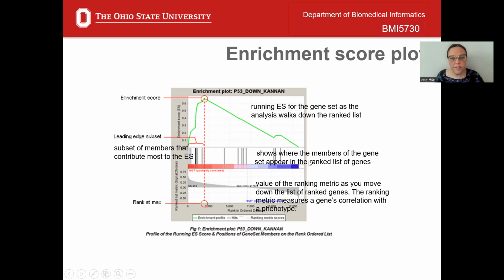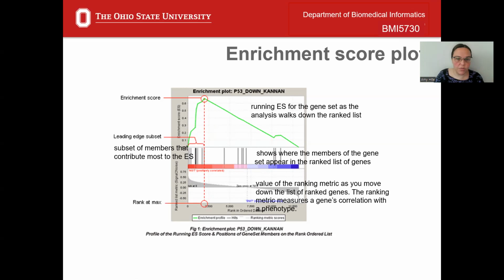So for term X, we are marking the genes that are in term X in our entire data set. Then it's going to go through one gene at a time, starting at the beginning. Our entire data set of genes is ranked based on fold change or p-value, some sort of ranking.